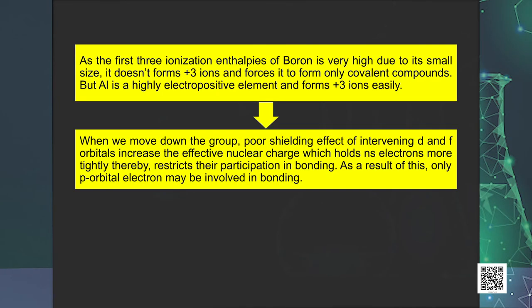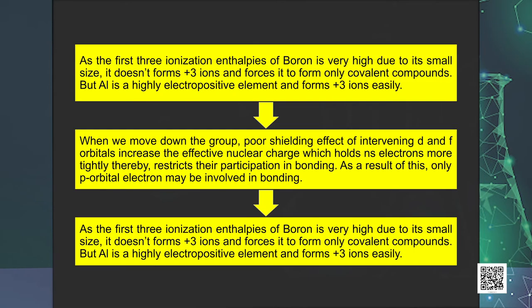However, when we move down the group, poor shielding effect of intervening d and f orbitals increases the effective nuclear charge, which holds ns electrons more tightly, thereby restricting their participation in bonding. As a result of this, only p orbital electrons may be involved in bonding.